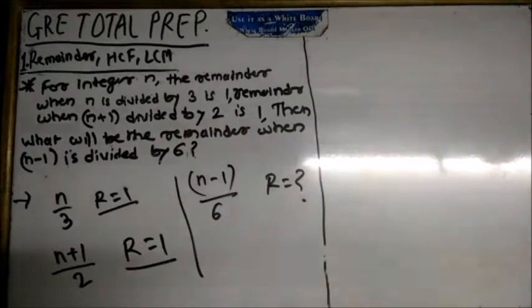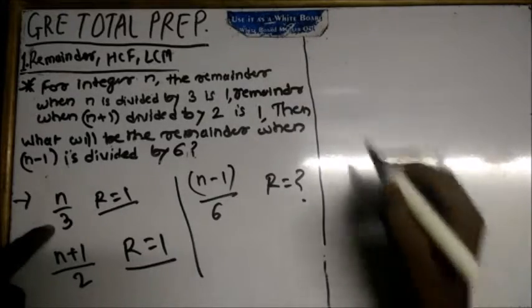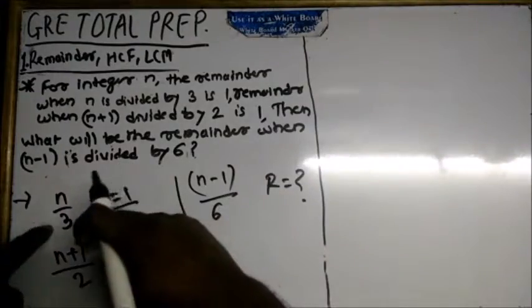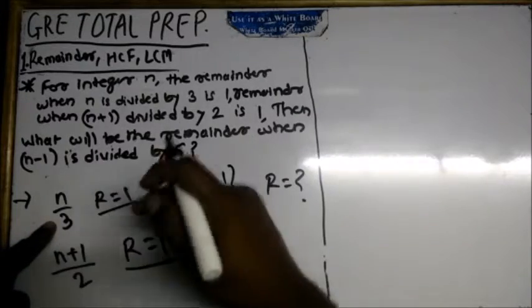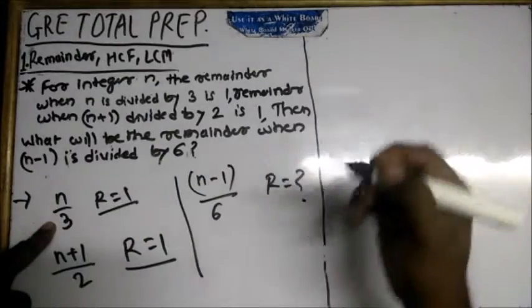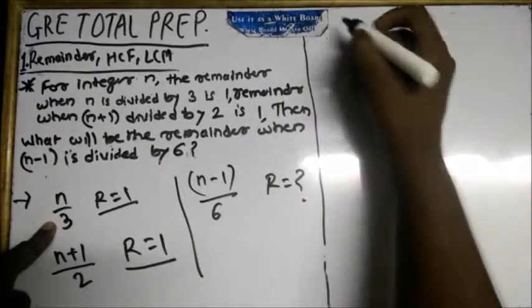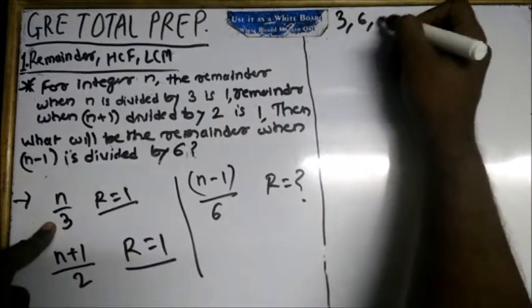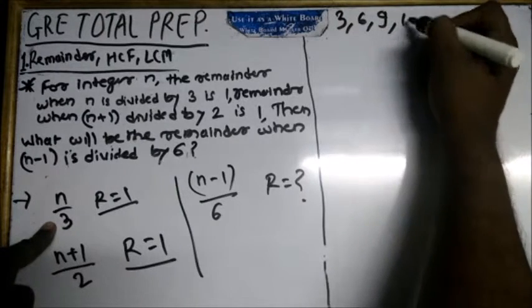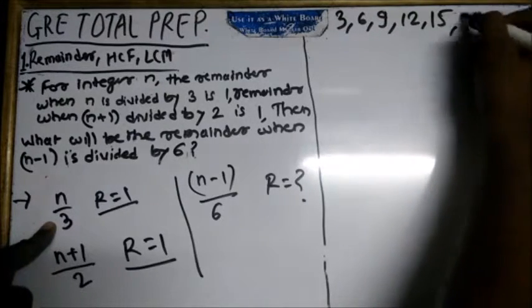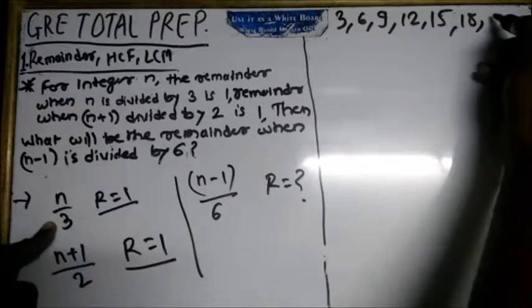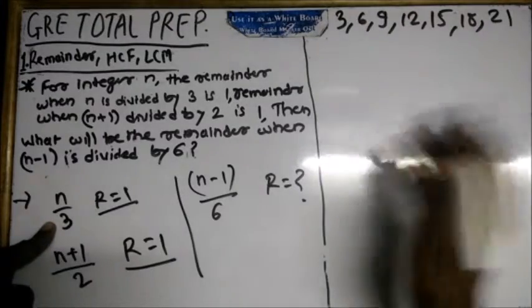Let's find out what's the value of n first. So let's first figure out n by 3. When n is divided by 3, the remainder is 1. That's why we know, multiples of 3 are 3, 6, 9, 12, 15, 18, 21, like that.